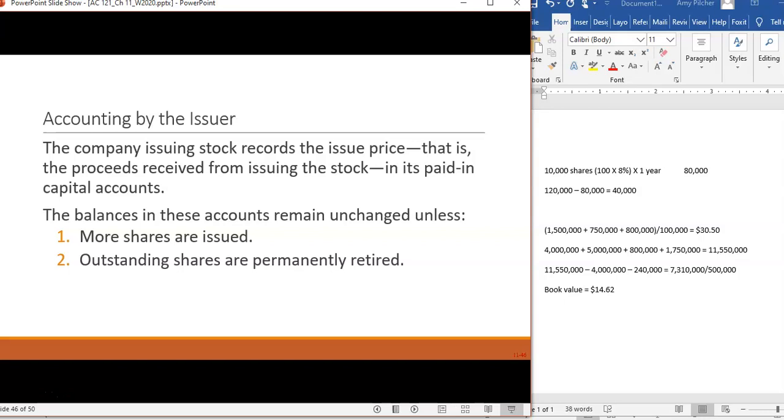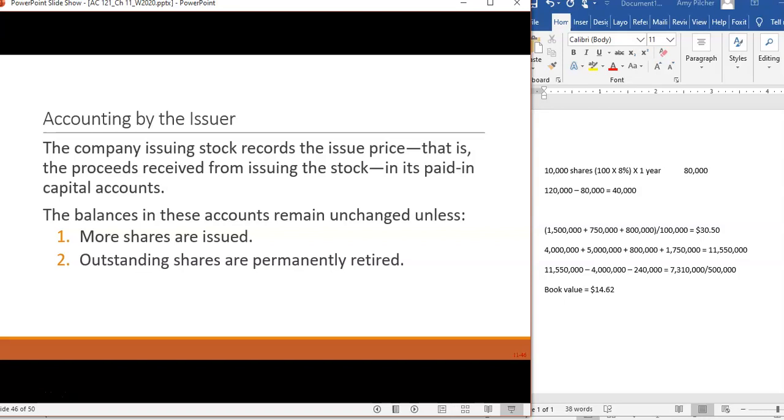When we issue stock, we record the issue price. This is the amount of cash we receive from the very first sale on the market. These balances remain unchanged in our stockholders' equity unless we issue more shares. So remember, we're authorized to sell so many shares, and then we have our number of shares outstanding.